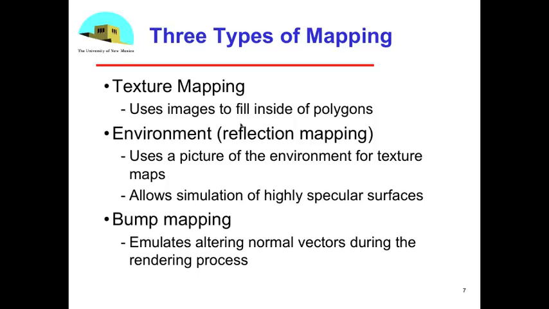Environmental mapping is very similar in the way it's carried out, but you're using a picture of the environment around the object. So then we have to say, well, how do I get those pictures? And that'll get us into something we call multi-rendering, where you can use the graphics system to build up these pictures of the environment, then use the pictures to do a straightforward texture map onto the object.